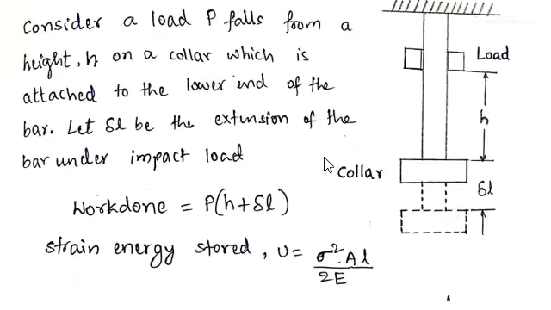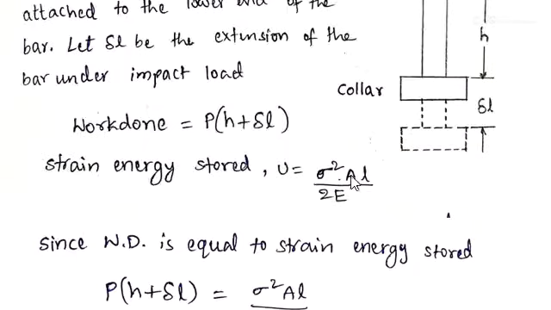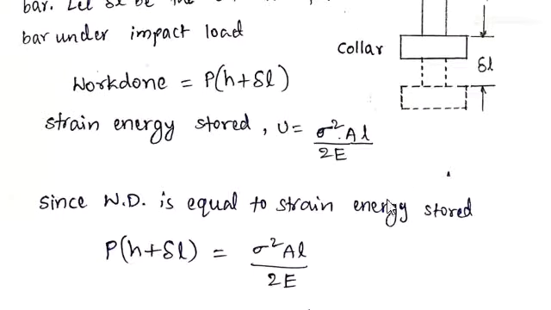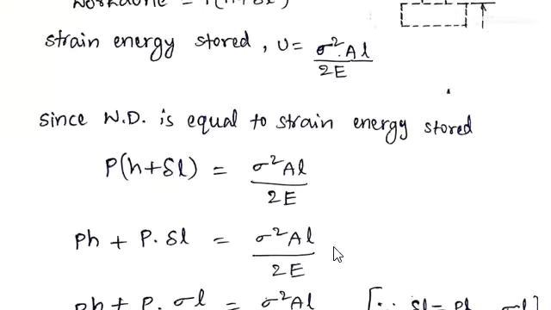The strain energy is given by the formula sigma square by 2E into AL. We know the work done will be stored as strain energy in this rod. So when you equate both of these, we can write P into (h plus delta L) is equal to sigma square by 2E into AL. Multiplying out, it is Ph plus P into delta L equals the same right side.